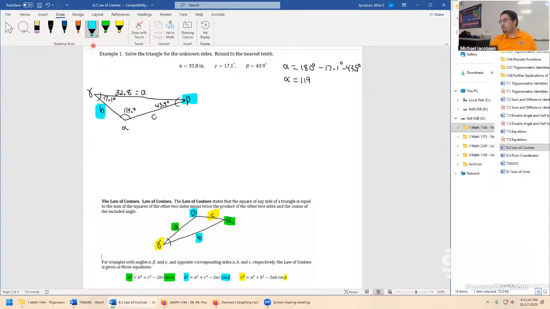To solve for the side length B, we'd have to know the angle 43.9 degrees, which we do, so that's good. But you have to also know both A and C in this problem, but C is unknown, so we can't go that route.